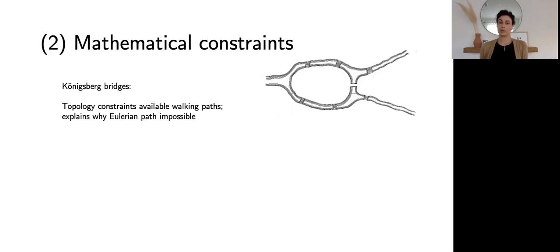So in this case, we can consider topology to be a constraint, again, because it's going to meet these 4 main features. The topology is limiting or constraining available walking paths. Second, it's viewed as external to or separate from the walking of these individuals. Third, the topology is viewed as fixed.